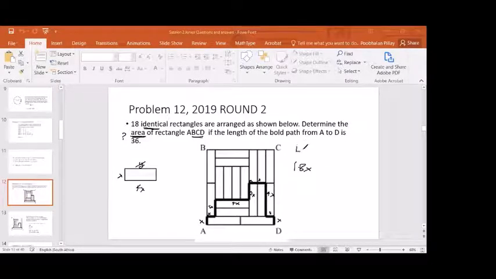That is going to be the length of the bold path. The length of the bold path is 18x. But we know also that the length of the bold path is 36.